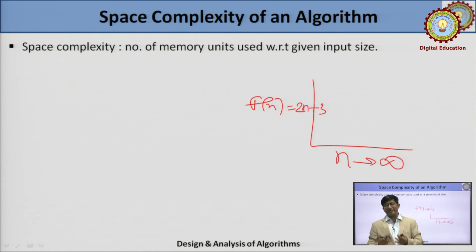I would like to understand how, with increasing value of n, these variables or the data portion would scale up as n tends towards infinity. Again, the rate of growth of my algorithm.